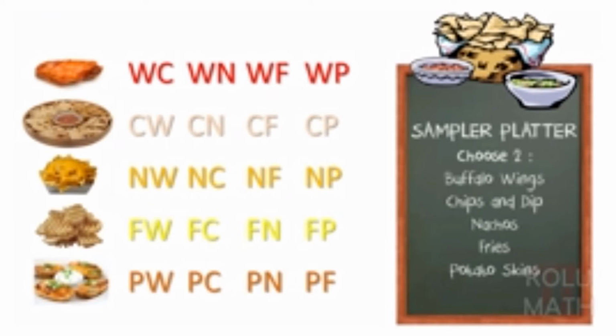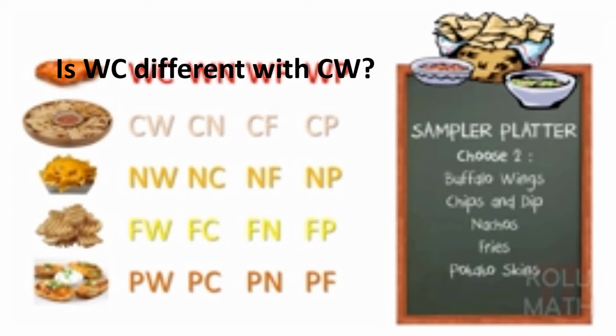Here are the sample of orders that we can select from the given sample platters. It can be wings and chips. It can be wings and nachos. It can be wings and fries. And it can be wings and potato skins and so on. Is wings and chips different from chips and wings?